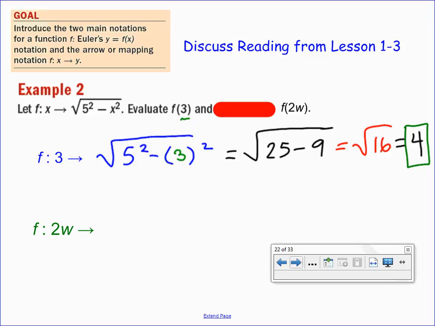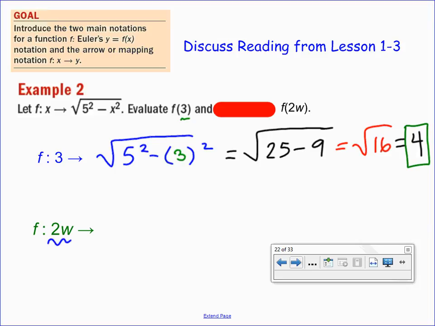We can even perform a function evaluation with a variable input. In this case, 2w is going to go in everywhere my function f accepts inputs. And so f is the name of my function. It accepts inputs, x, and maps them onto the output square root of 5 squared minus input squared. In this case, my input is 2w.